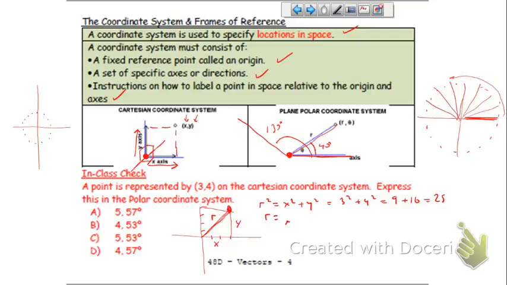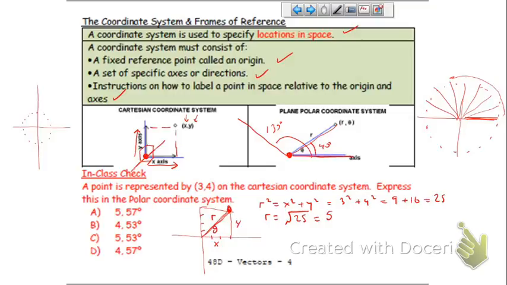So r is equal to the square root of 25, which equals 5. And frankly, a lot of teachers are kind, and rather than having them do all this Pythagoras, they'll just give them a 3, 4, 5 triangle. And it's great if you spot it. If you don't spot it, you don't get the benefit of it. But if you see a 3 and a 4 in a right triangle, you know the hypotenuse is 5.